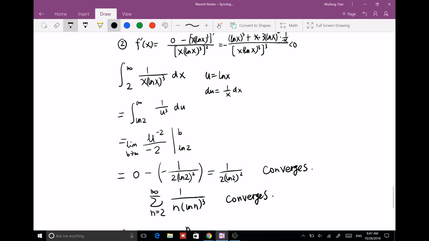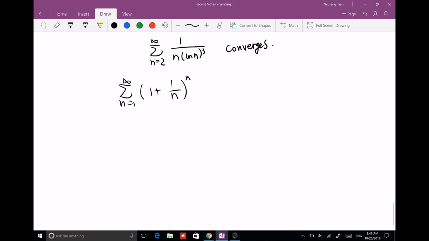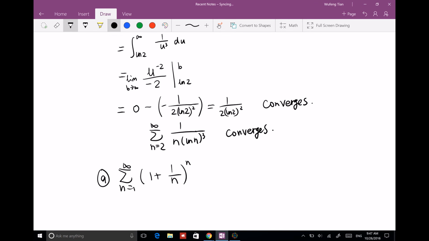How about this one? Does this one converge or diverge? Converge or diverge?